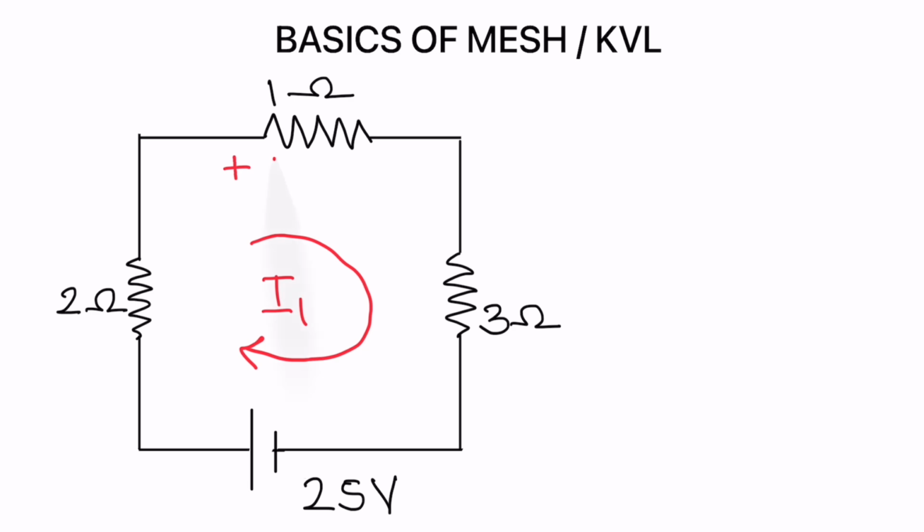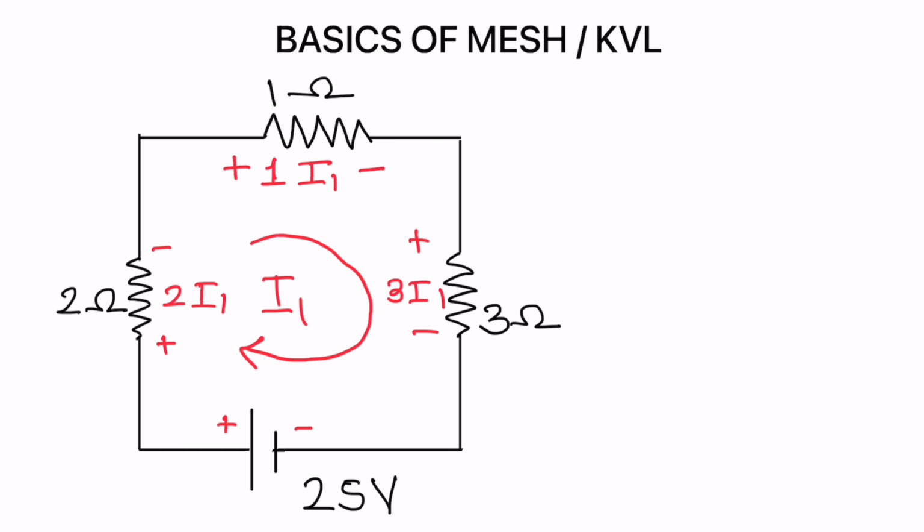So this will be plus 1 I1 minus, plus 3 I1 minus, this is minus plus, already the voltage across the source is given to us, 25 volt, and this is plus minus 2 I1. So we have to write down the equation that the summation of all the potentials in a closed loop or a mesh is equal to 0.